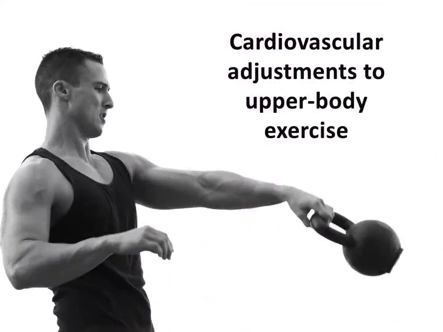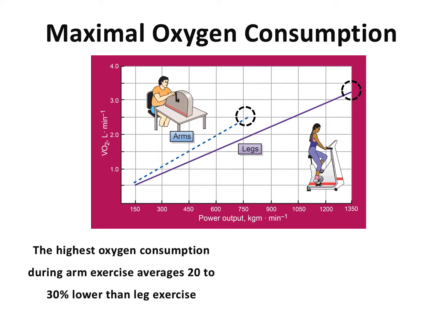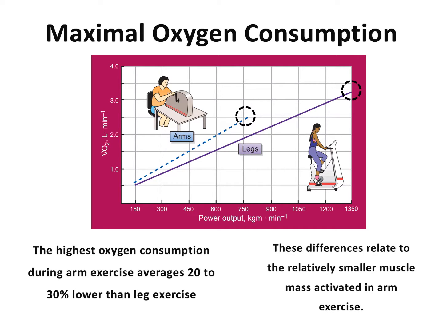The cardiovascular adaptations to upper body exercise. An arm exercise causes a higher oxygen consumption when compared to leg exercise. This can be attributed to the relatively smaller muscle mass activated in arm exercise.